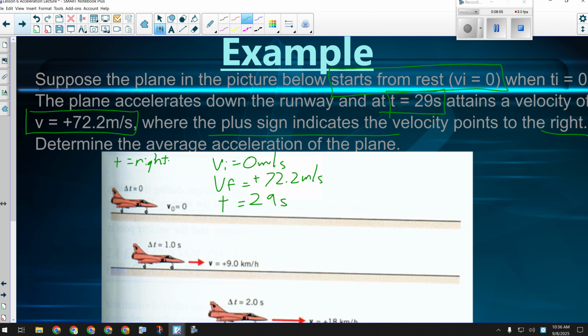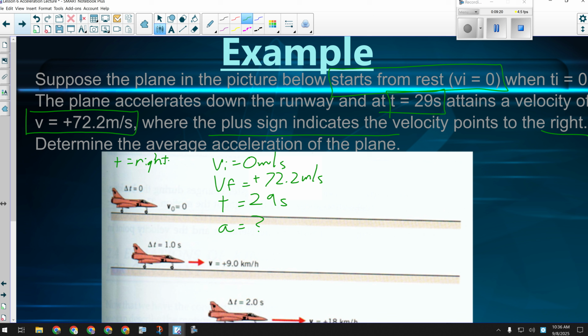Here's where writing down your givens is important. The question wants me to calculate acceleration. My formula sheet has a ton of formulas on it that have A in them, because acceleration is an important part of a lot of the things we do. Does writing down my givens help me figure out which formula I should use?